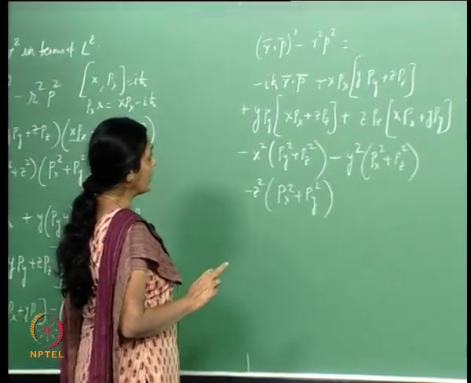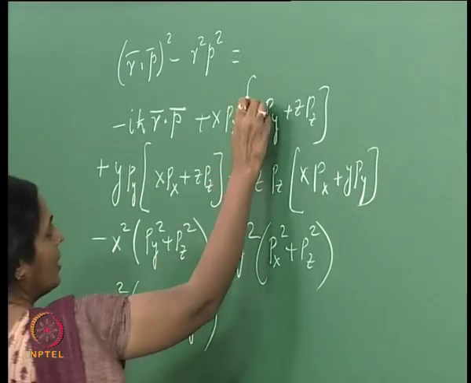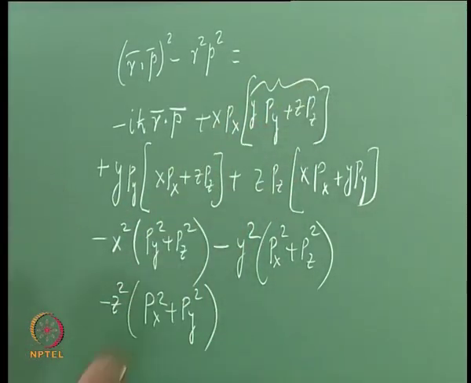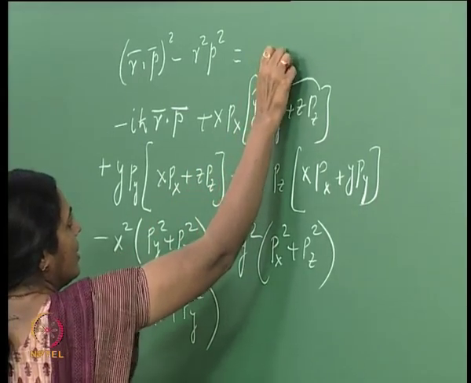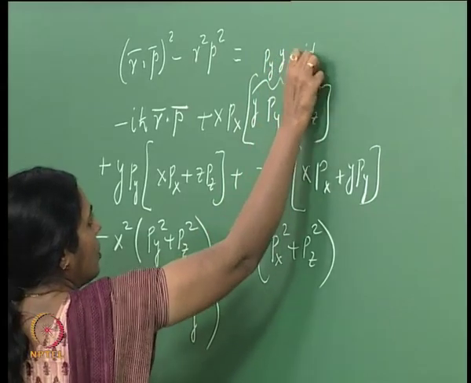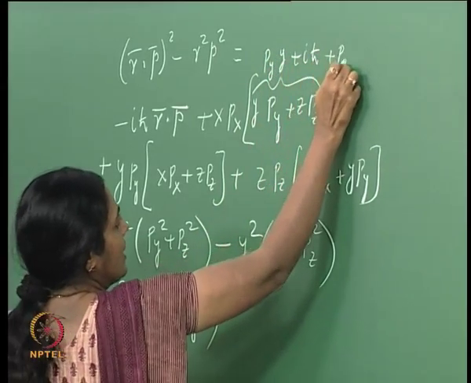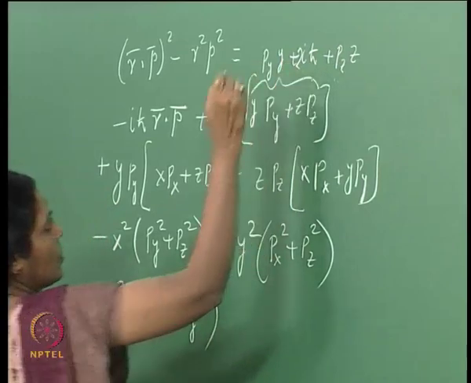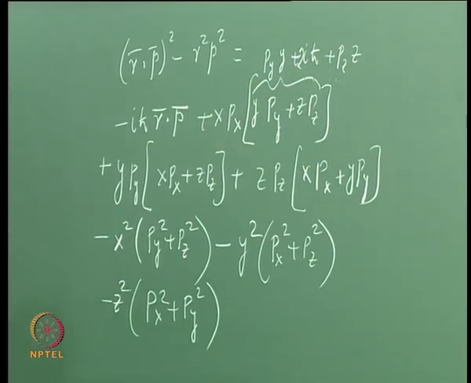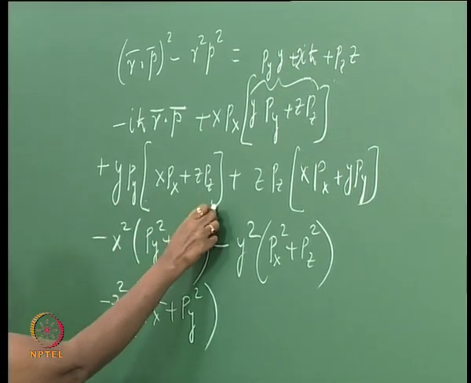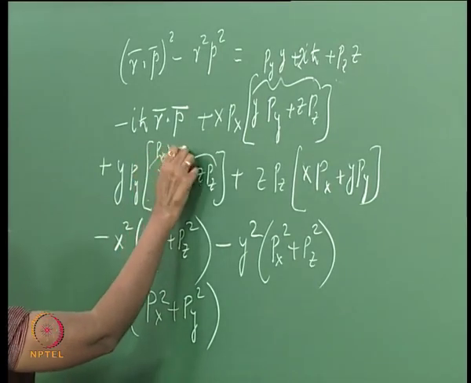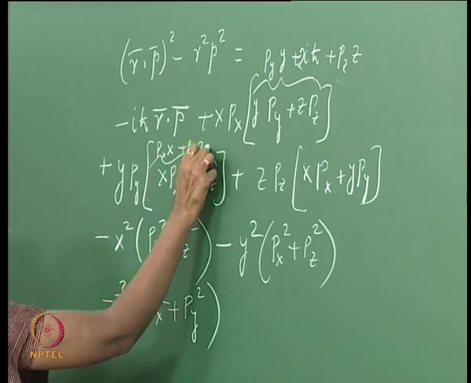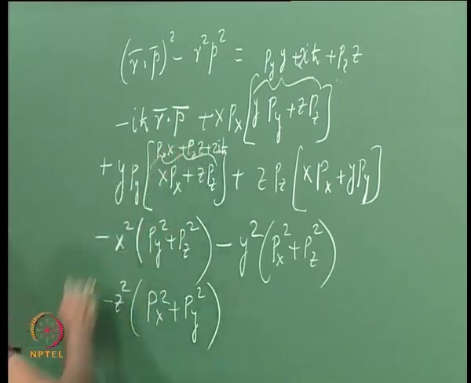Now, once more I can do the following. I can write here y p_y as p_y y plus i h-bar and this as p_z z plus i h-bar. Similarly, here this would be p_x x plus p_z z plus 2 i h-bar.